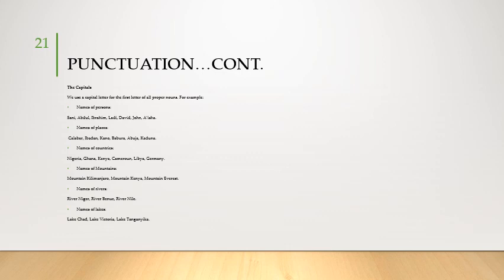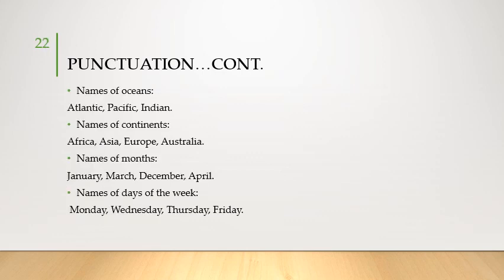River Niger, capital R, capital N. River Benue, capital R, capital B. River Nile, capital R, capital N. We also use capitals when we write the names of lakes: Lake Chad, capital L, capital C. Lake Victoria, capital L, capital V. Lake Tanganyika, capital L, capital T. We also use capitals when we write names of oceans: Atlantic, Pacific, Indian Oceans. You need to capitalize the initial.